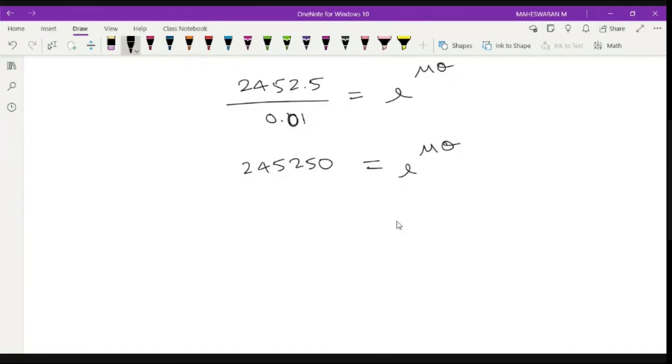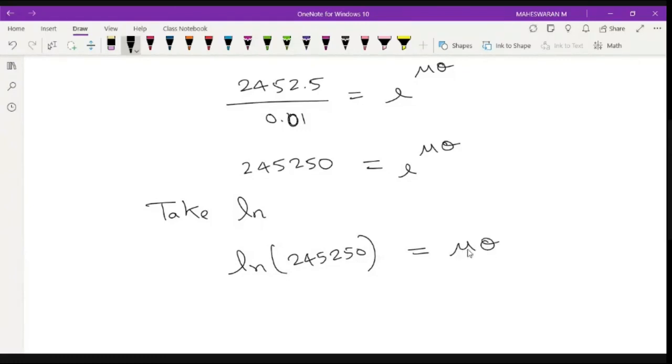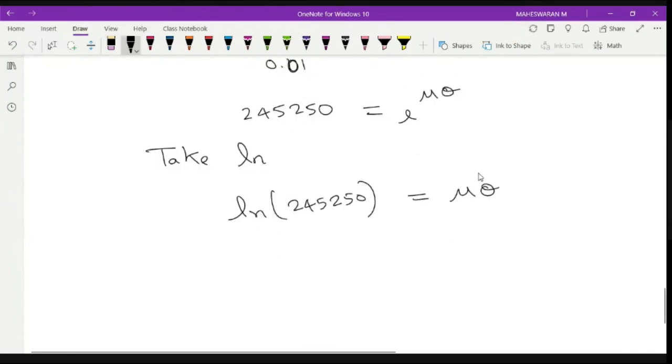Coefficient of friction we know. So what I am going to do is remove this e. How to remove this e? You have to take ln, you have to take log. So ln of 245250 is equal to mu into theta, because ln and e will go off, and you'll get only this.